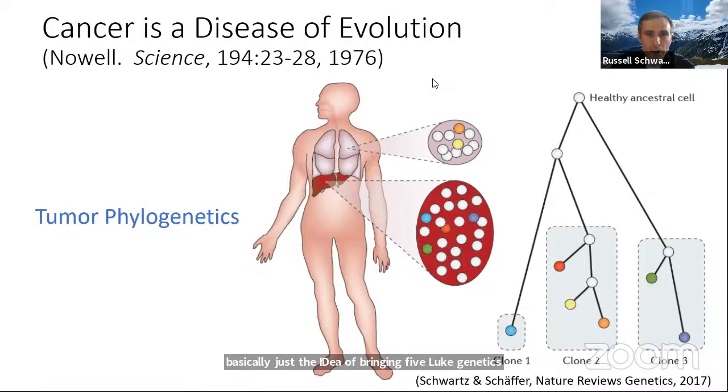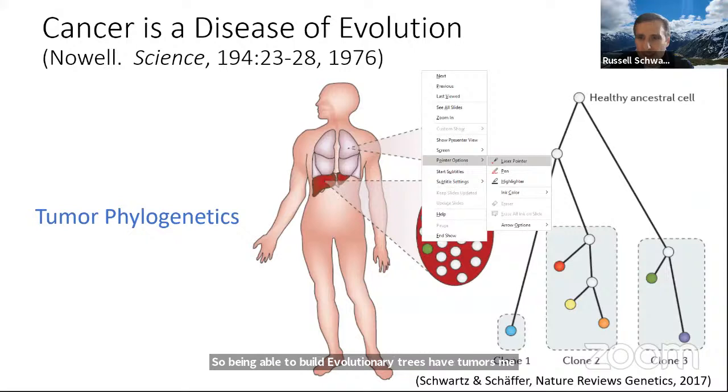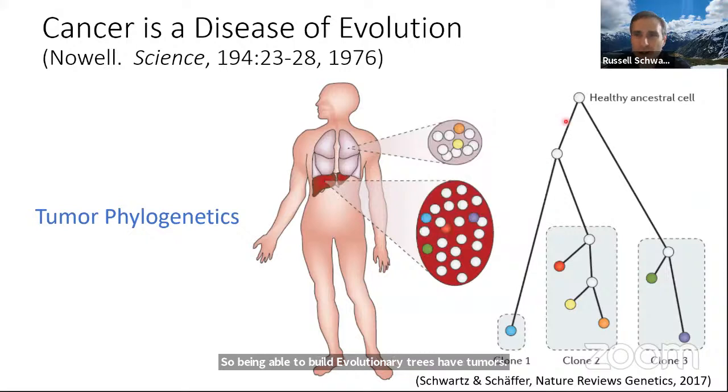So being able to build evolutionary trees of tumors, where we can take tumor cells, build a tree of those cells, identifying how they separate into different lineages, what mutations lead to this separation, and how that ultimately underlies the progression of a cancer.